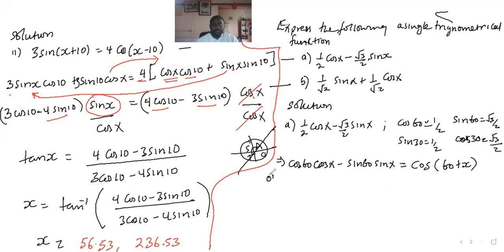Or I can use 30, and I say sine of 30 cos of x minus cos of 30 sine of x, which will give me sine of 30 minus x.